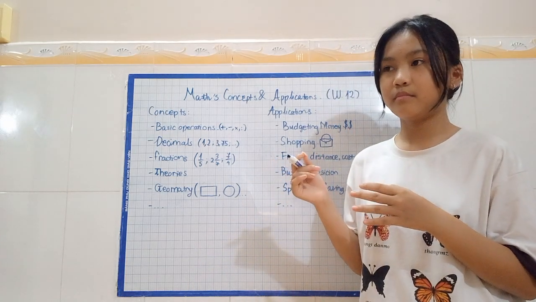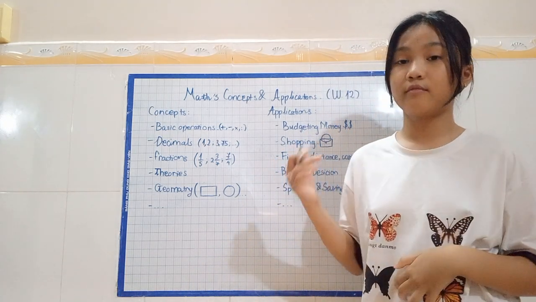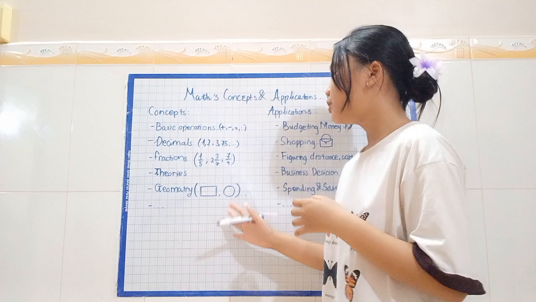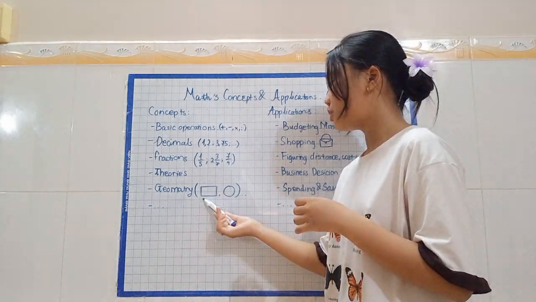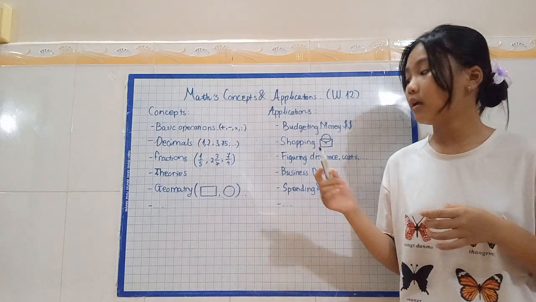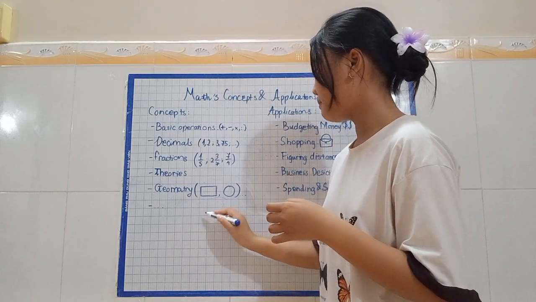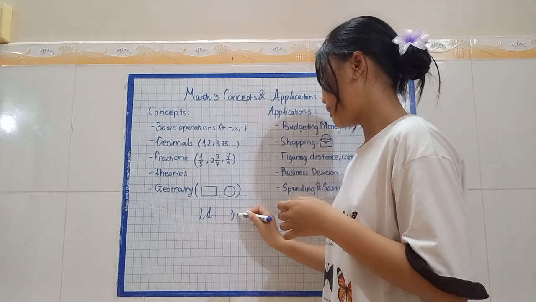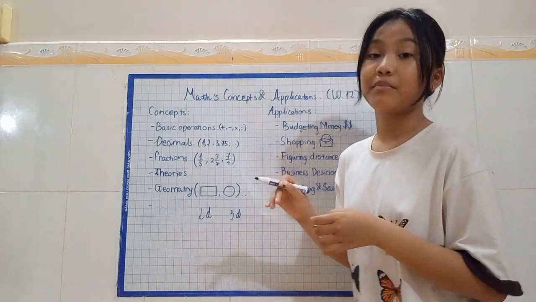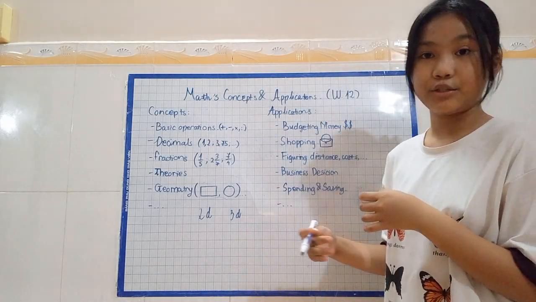Next is geometry, which is something that kids could learn from primary school. Geometry consists of shapes, and it's not just two-dimensional shapes, but also three-dimensional shapes, which is something very, very important that kids should learn.